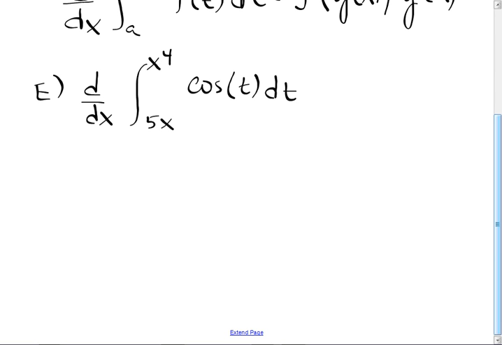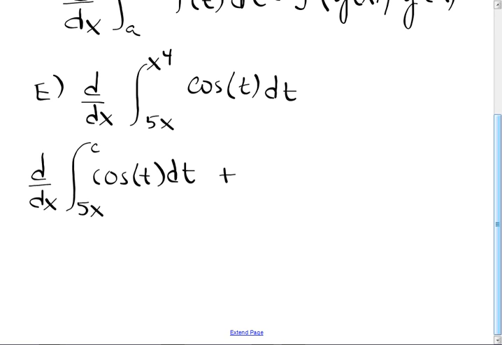So what we can do is break this into 5x to some constant c, a number in between those two things, of cosine of t dt. It's kind of weird, but okay. Plus, and part of your test is AP, part of it's just standard problems. And then we'll go from the constant to x to the 4th.